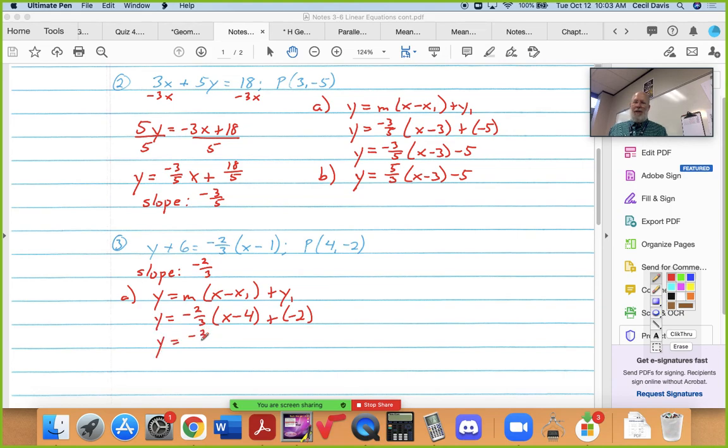Again, we'll clean up that part at the end. y equals negative 2/3 times x minus 4 minus 2. And then for part B, the perpendicular line, what will my new slope be? 3/2? Yeah, positive 3/2.